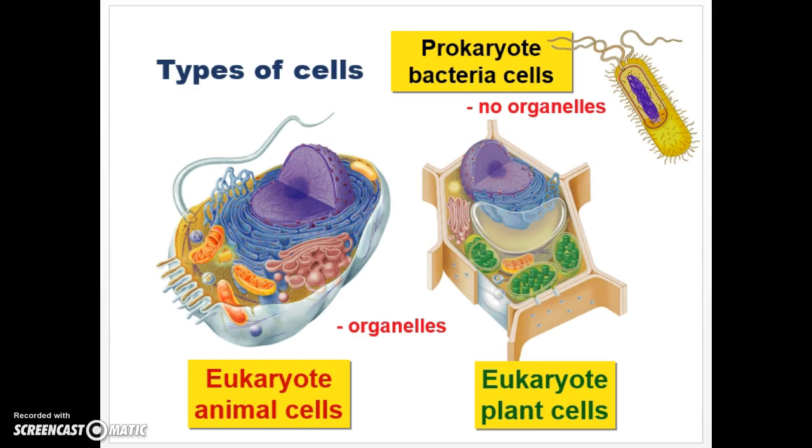But for most of this lecture and most of your Chapter 6, the information is going to focus on eukaryotic cells. Eukaryotic cells are broken into either animal or plant cells, and prokaryotic cells are primarily going to be bacteria cells. And the big difference between prokaryotic and eukaryotic cells is the presence of organelles.